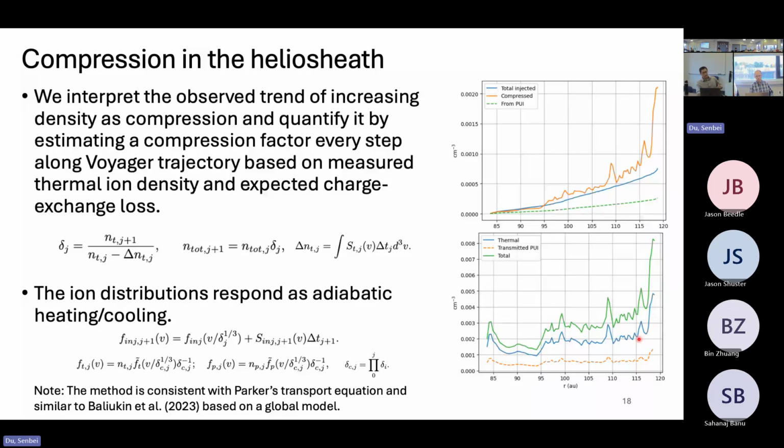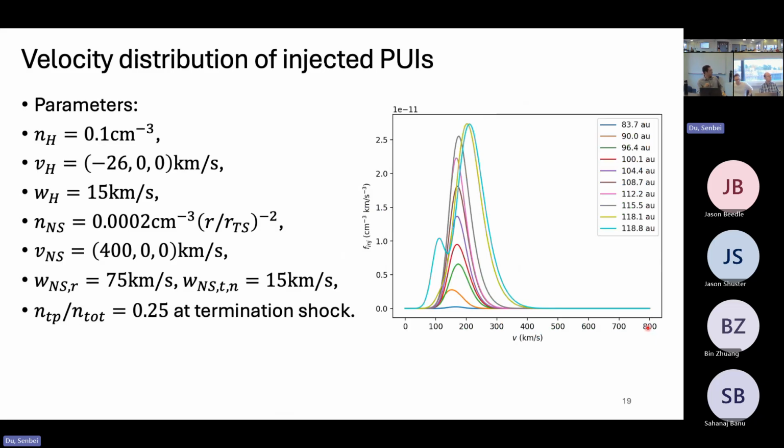And yeah, I think maybe I didn't mention this earlier, but the Voyager data is measuring mostly the thermal ions. So that's what we assume. And so then we can get the velocity distribution of the injected pickup ions.